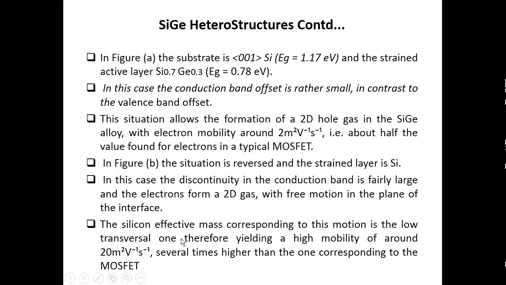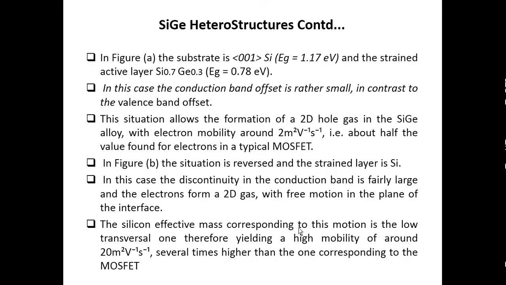See how the strained heterostructure is formed by the Si-Ge structure. Silicon germanium is used as the substrate and silicon is grown over this Si-Ge structure as layers, so that at that interface a 2D electron gas formation is possible.